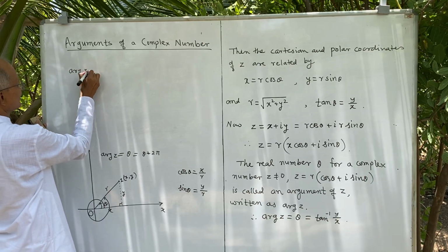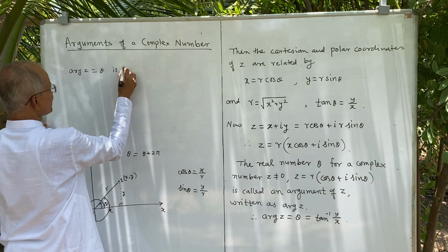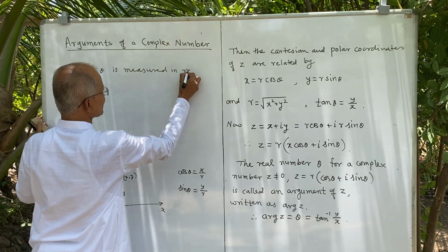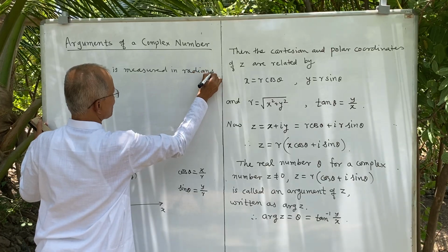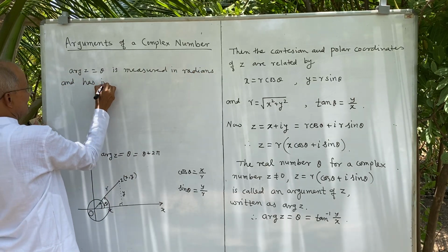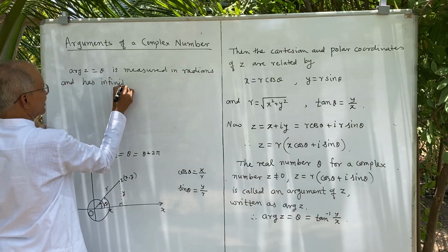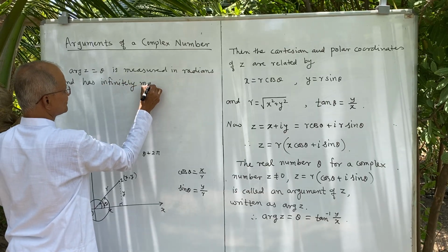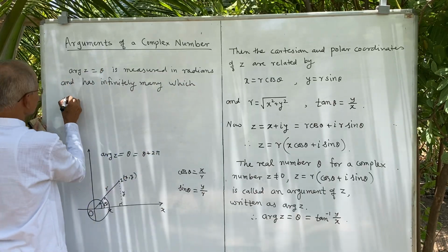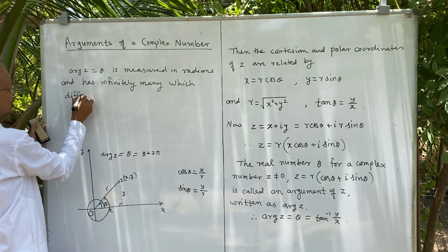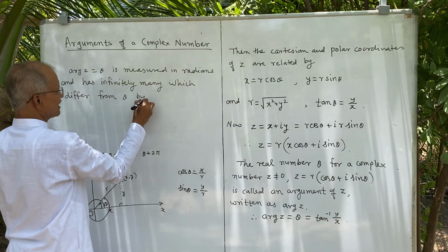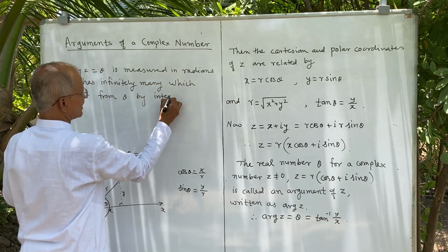Argument z is equal to theta, measured in radians, and has infinitely many values, which differ from theta by integral multiples of 2 pi.